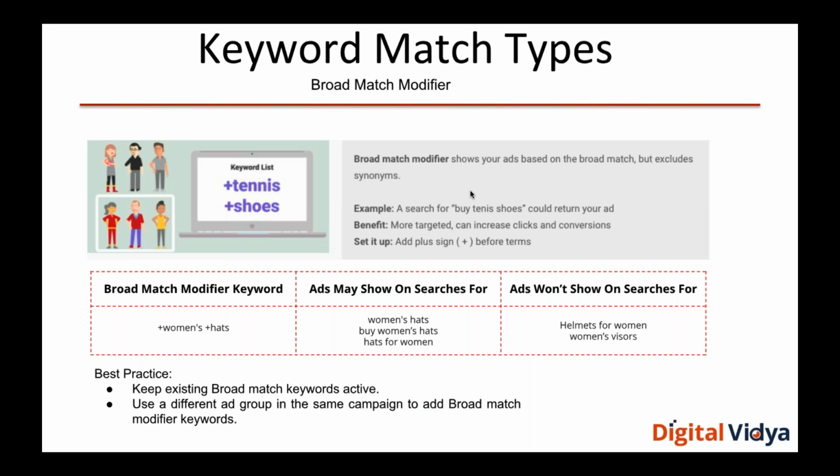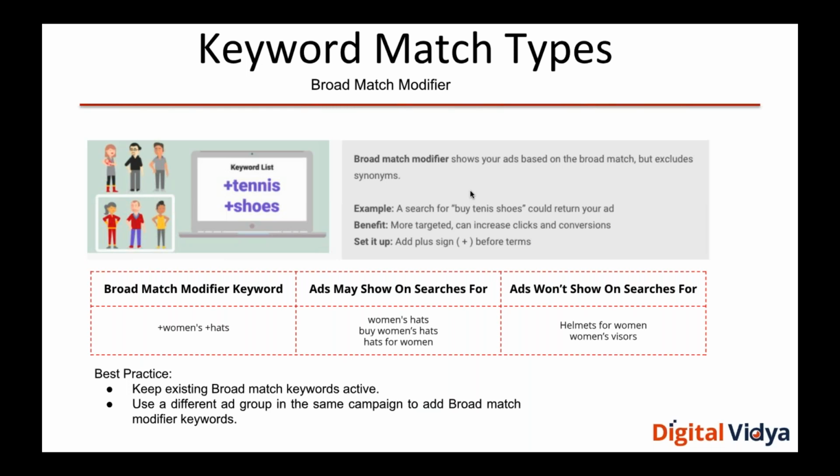In this case, what will happen is any query where the word women is there, something like let's say women's caps, that can trigger my ad. But if I say ladies hats and search, it may not, because the word women is changed and only a related term is appearing in the search.